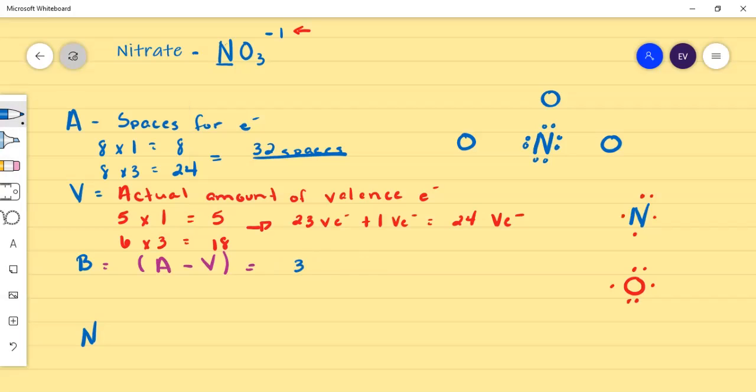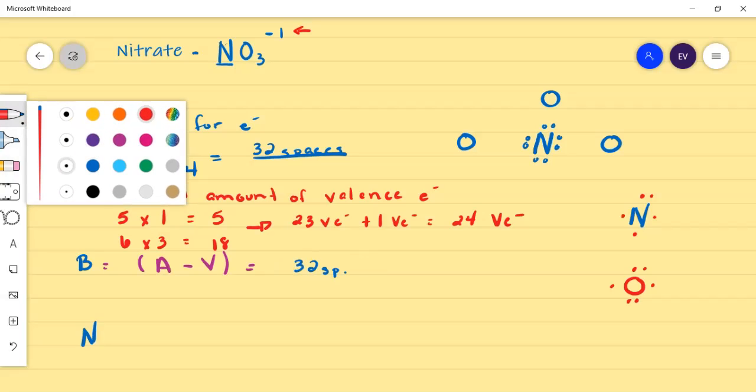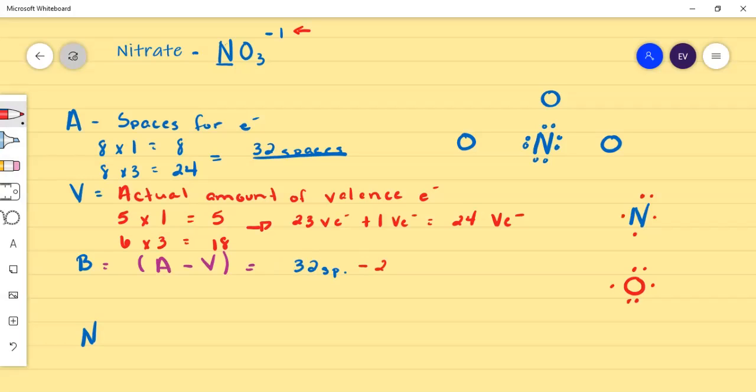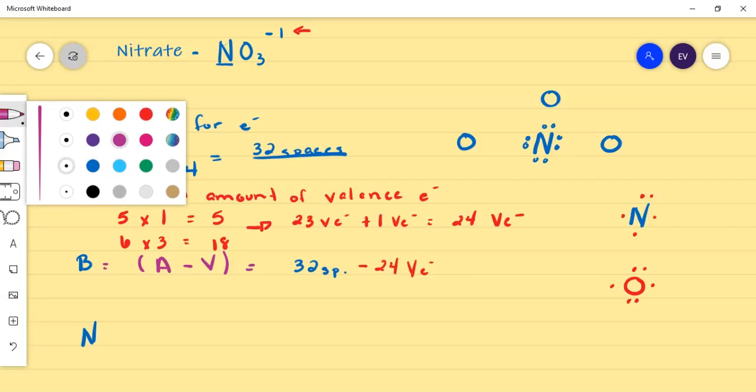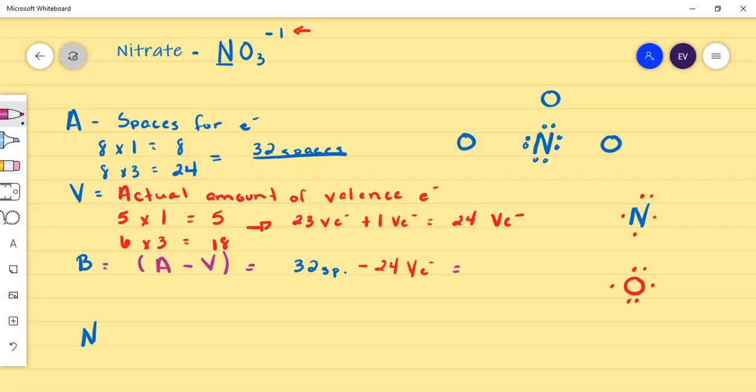So we have 32 spaces available, and we've calculated that we have 24 valence electrons. If we take that difference, we should end up with 32 minus 24, that should give us a total of 8 bonded electrons.